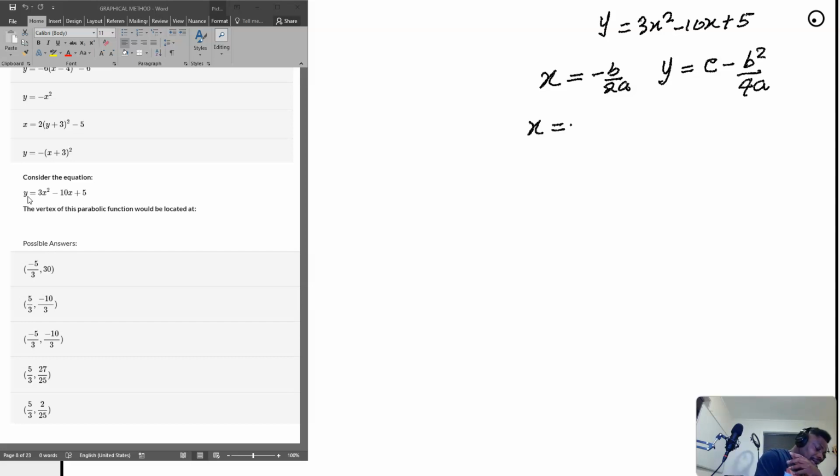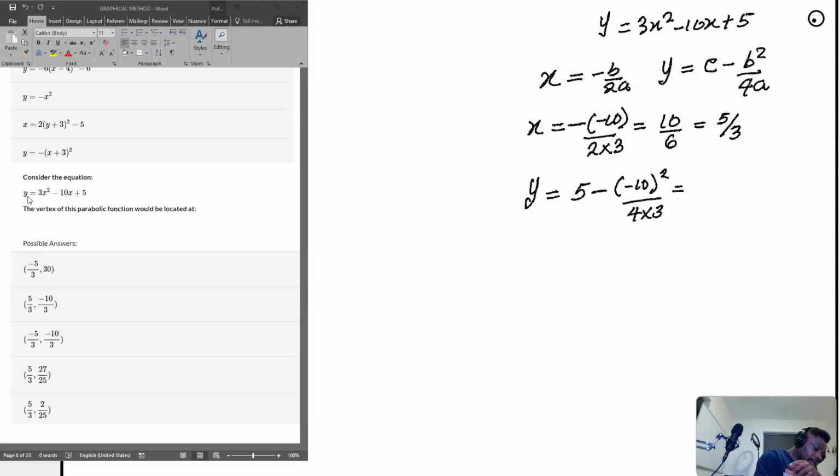So my x here is minus b over 2a. What is b? Minus 10. 2 times 3, that's 2 times a. This is 10 over 6. So this is 5 over 3. Then let's get y. C, that is 5 minus, what is my b? Minus 10 squared over 4 times 3. So this is 5 minus 100 over 12. 4 into 100 is 25, 4 into 12 is 3.